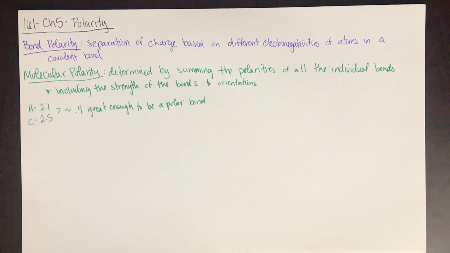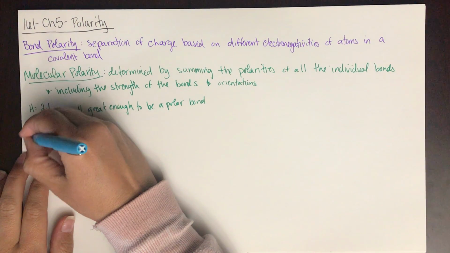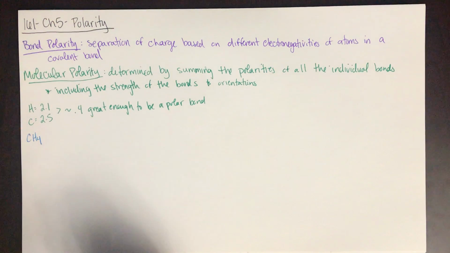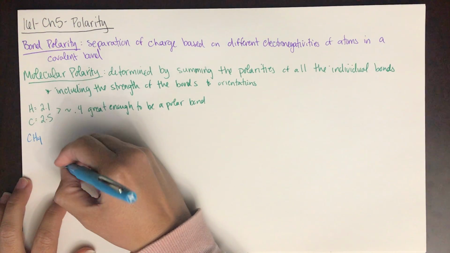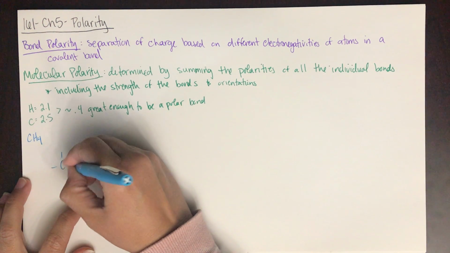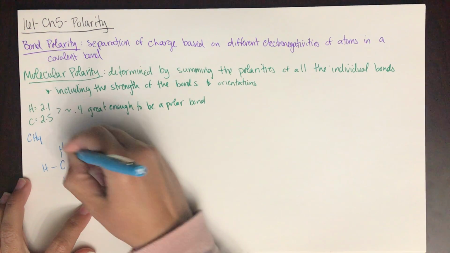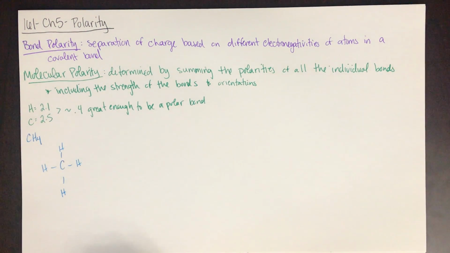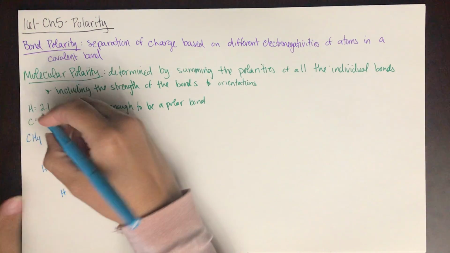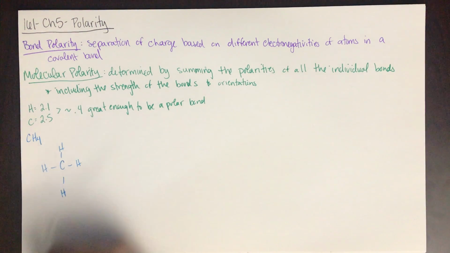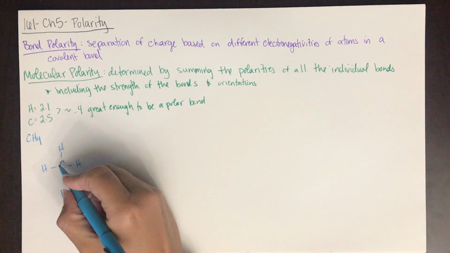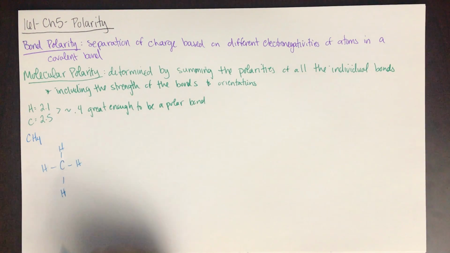So let's look at methane. Let's look at carbon tetrahydride as an example. So here is the carbon tetrahydride molecule. Here's the Lewis structure. I have 4 plus 4 valence electrons, 8 valence electrons to distribute. This is the correct Lewis structure. Each of these is a polar bond.